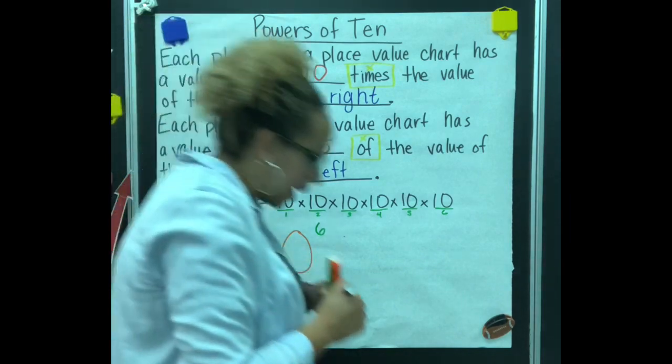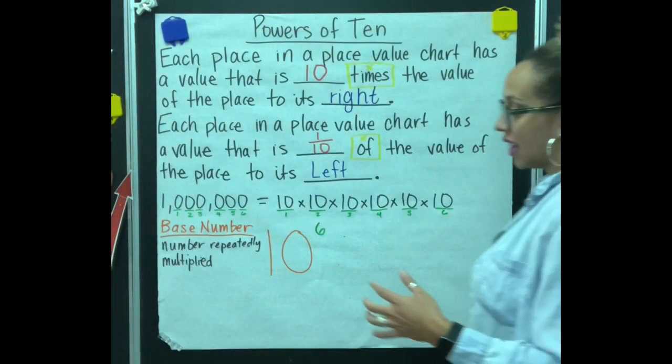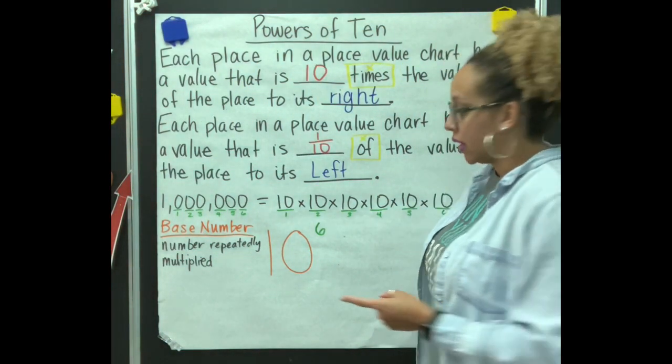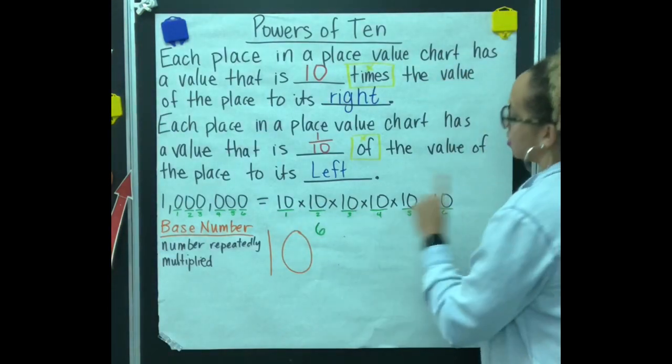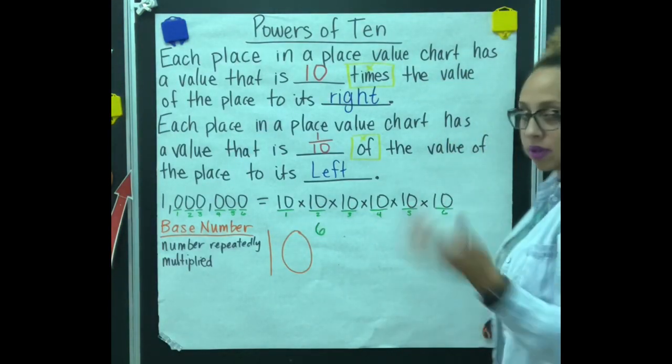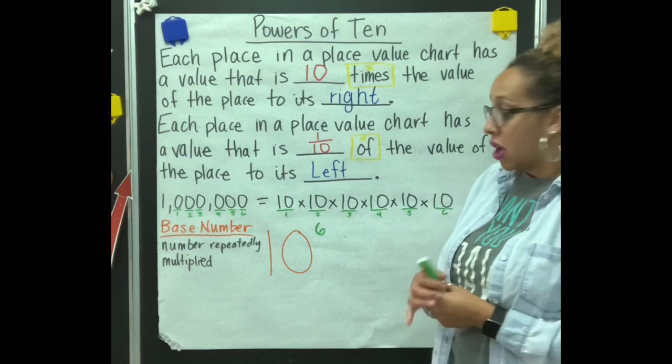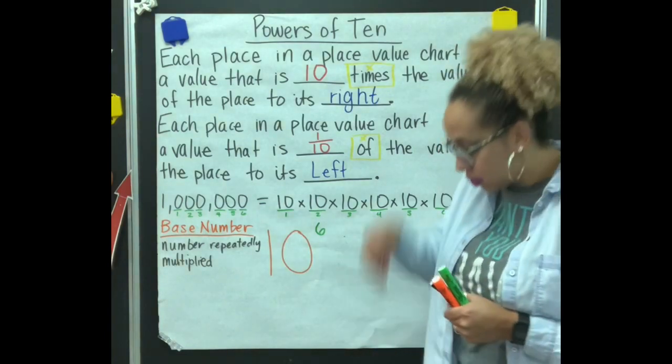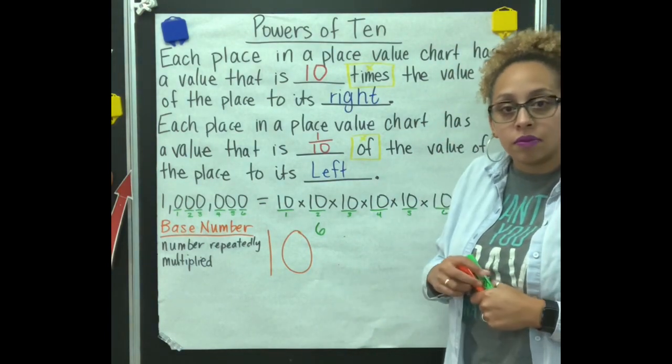So it is repeatedly multiplied. It is one number, so it's not like 1, 15, 17, 27, it's not random numbers, it's one number. So it's the number that's repeatedly multiplied. Okay?